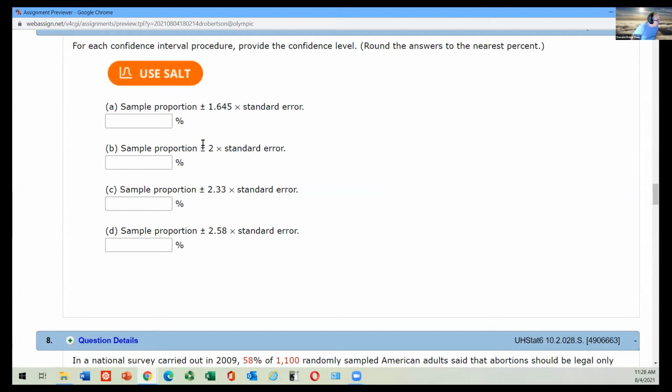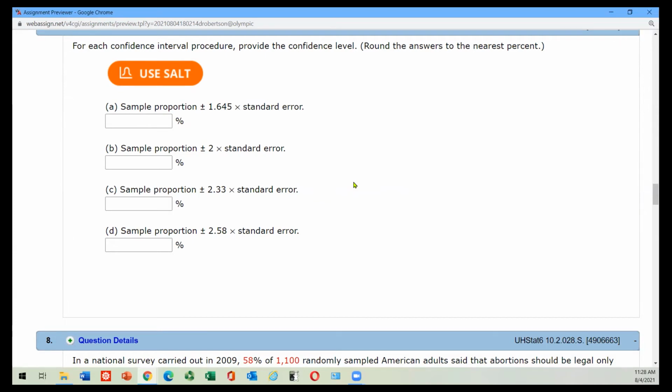And the only guys we've got are 2, 2.58, and 1.645. I know 2 of those answers right off the bat because we did them at the start of today. Remember those magic numbers that you always use? Can you remember what 1.645 would be?